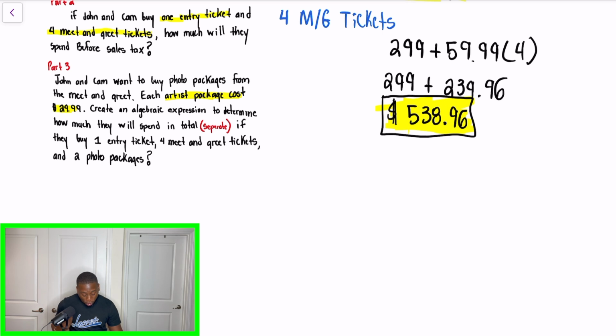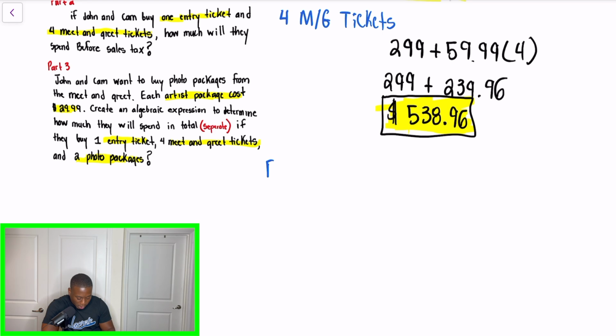Then it asks us to create an algebraic expression to determine how much they will spend in total if they buy one entry ticket, 4 meet and greet tickets, and 2 photo packages. And it lets us know that we're talking about separately, okay? So what we need to do now is rewrite down some important information.